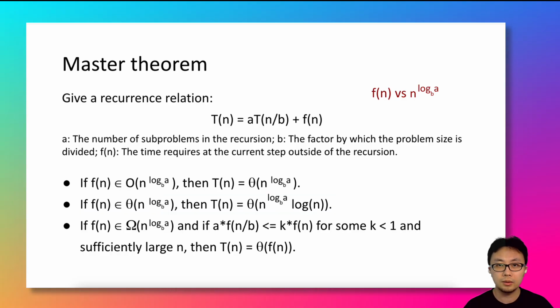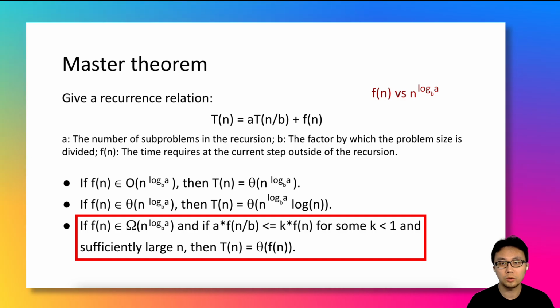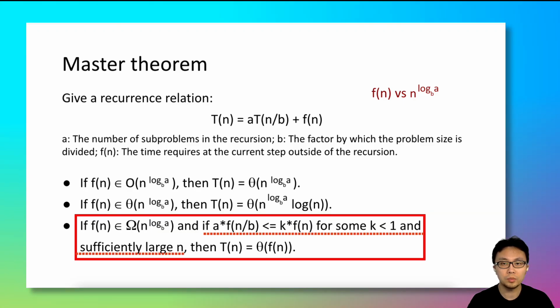In the third condition, when f(n) grows faster than n^(log_b a), and f(n) is the dominant growth term in comparison to the recursive term, which is what this regularity condition specifies, then the tight bound of T(n) is Theta(f(n)).